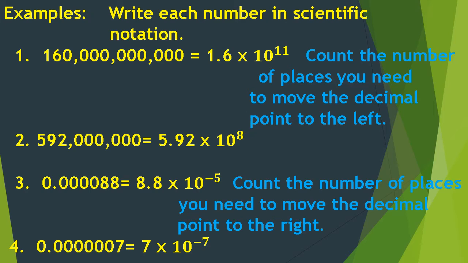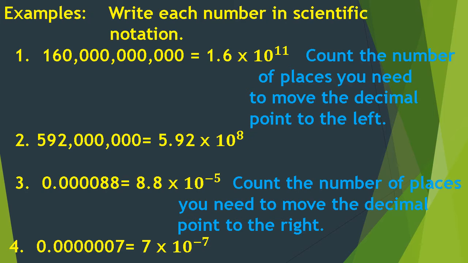So count the number of places to move the decimal point to the left. So 8 places to the left. So it becomes 5 and 92 hundredths times 10 to the 8th power.